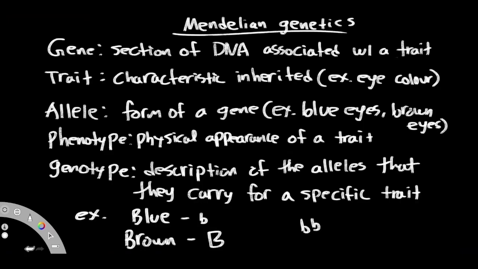Because if the individual has only one small b but has a big B, guess what? This person doesn't have blue eyes. This person has brown eyes because big B is a capital, right? Small b is a lowercase. So capital always outweighs or is more dominant than the lowercase. But if this person has a small b and small b, because they have blue eyes, you can literally physically tell phenotypically that they have blue eyes.